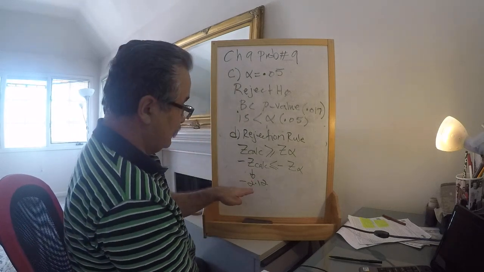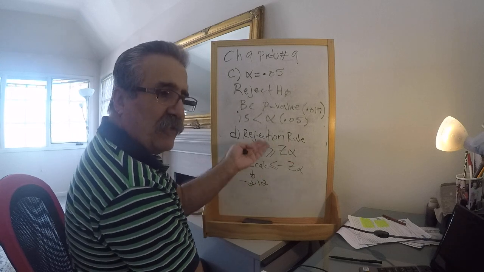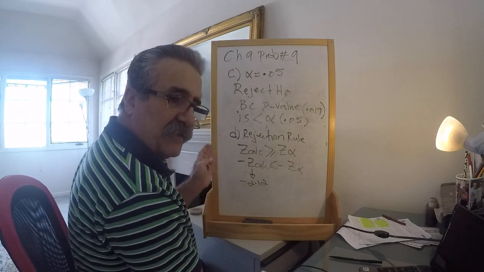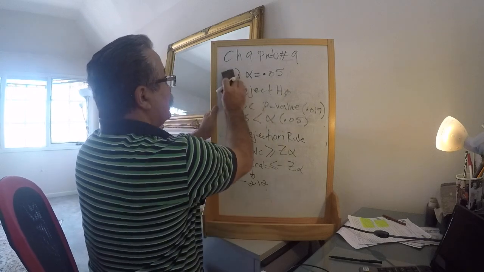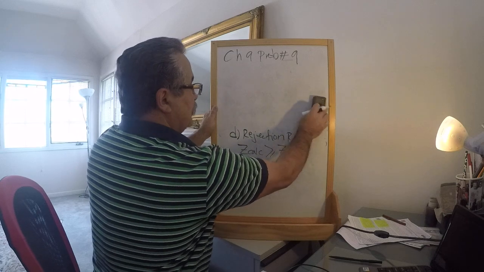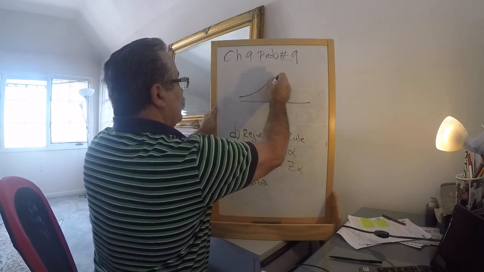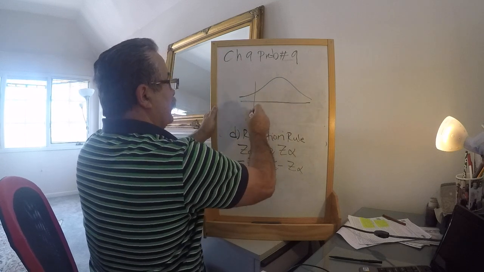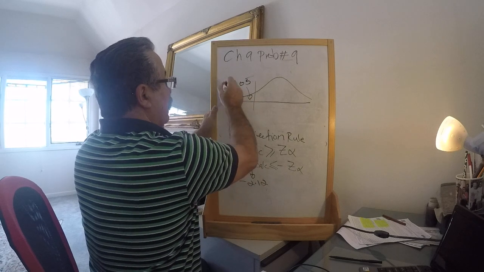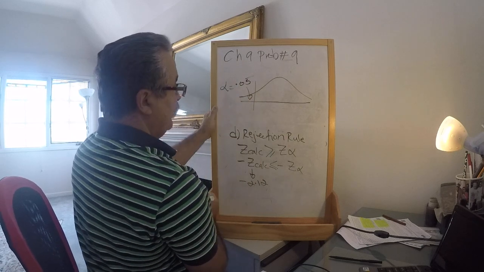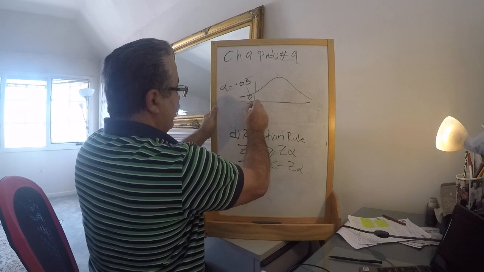Since this is on the negative, left-hand side, we have to compare it against the value of the alpha on the same side. Let me erase this to show it to you here on the curve. This right here is going to be 0.05. This is going to be our alpha. Now we have to find out what the z would be for this side.